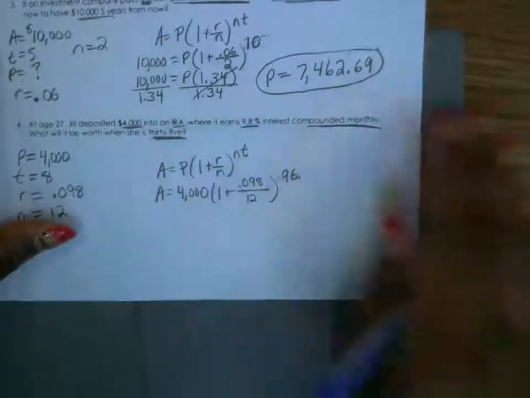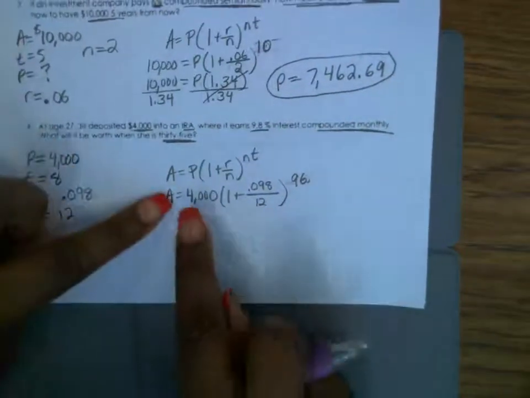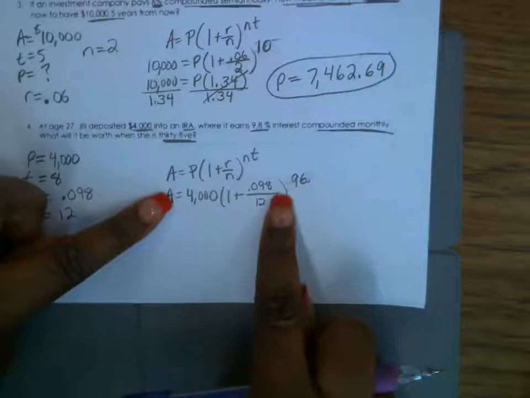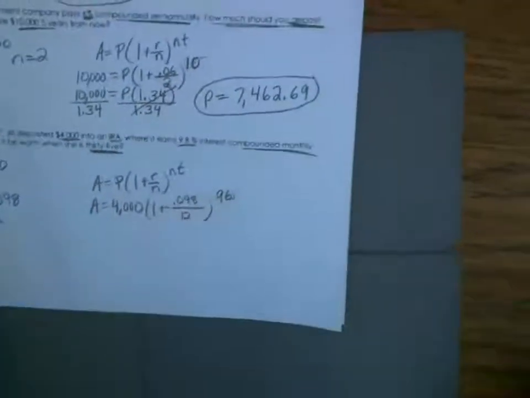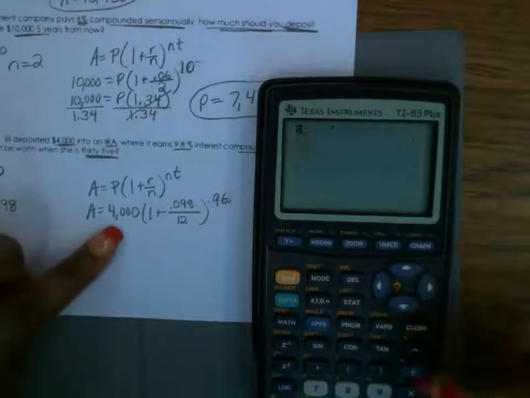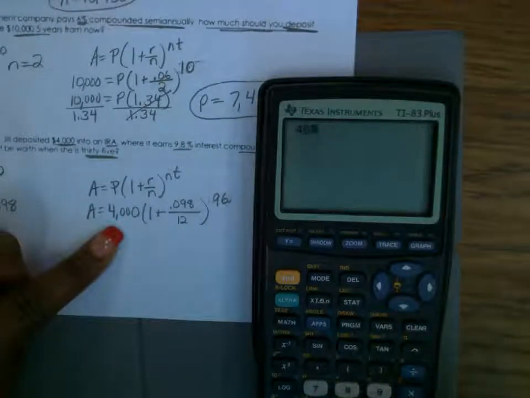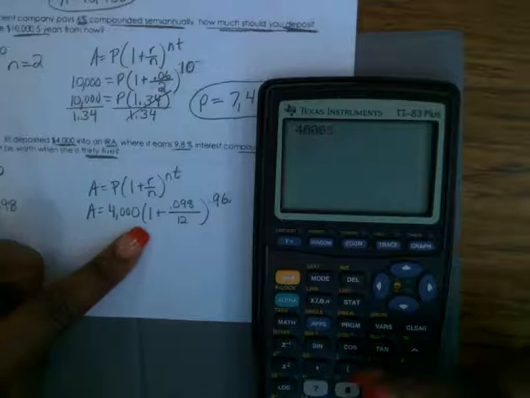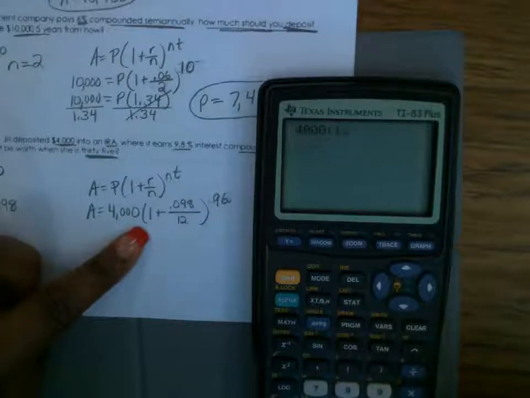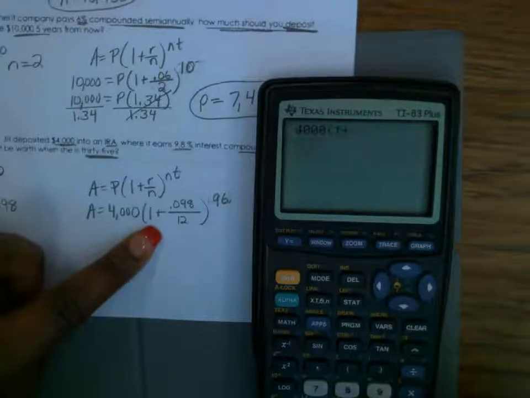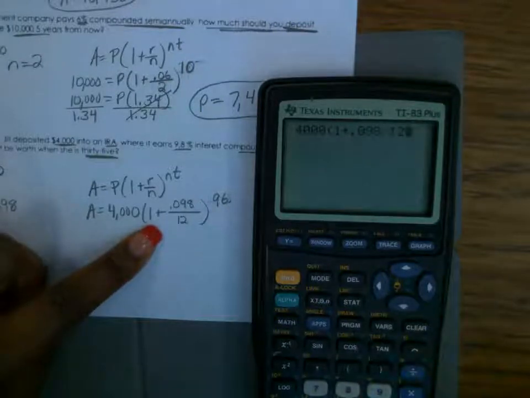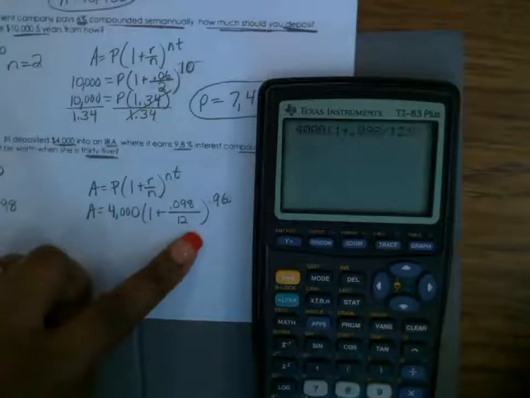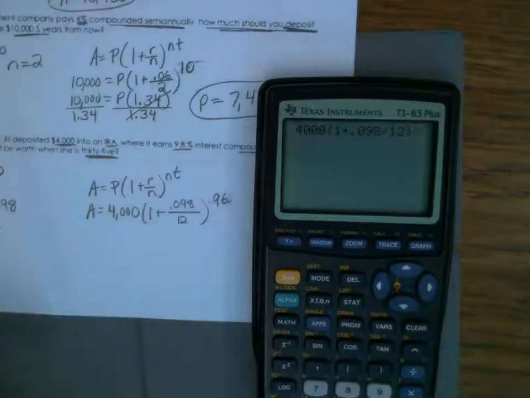All right, so now we're going to type all of this in to see what we get. So look at this. We got 4,000 parentheses 1 plus 0.098 divided by 12. Close the parentheses.